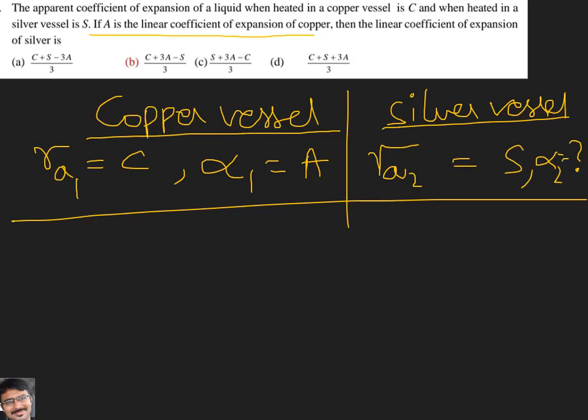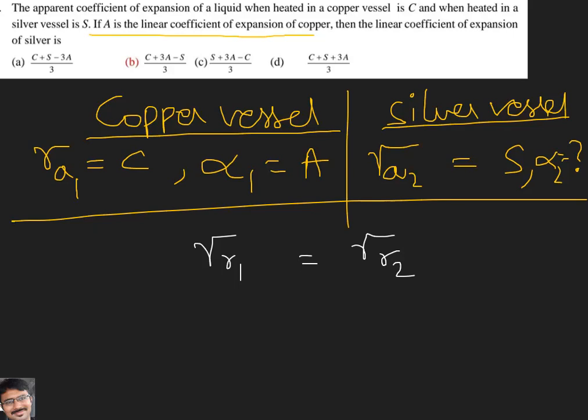So from that information I can write gamma R of 1 is equal to gamma R of 2, because gamma R is property of what? Liquid alone. Gamma A means connected with container, liquid plus container connection. Here gamma R means only liquid property. So inside copper vessel or silver vessel, according to the question, we are taking same liquid. From that information gamma R1 is equal to gamma R2.